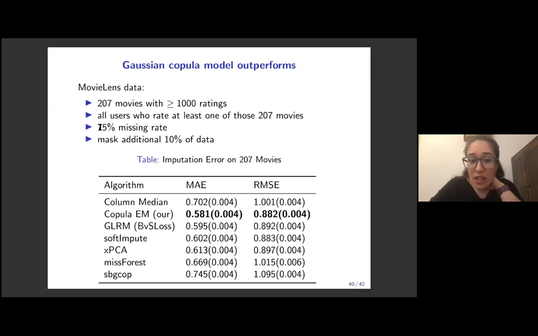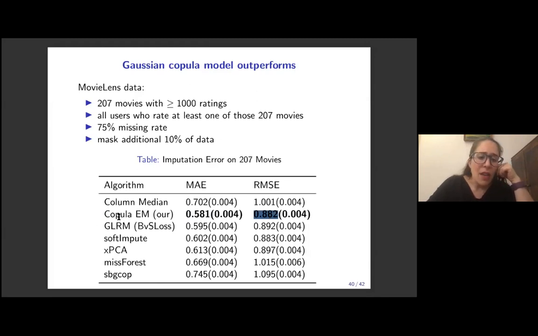75% of the data was missing, and we masked an additional 10% of the data to see how well our imputation method worked. We compared to a bunch of other imputation methods, and our new proposed copula EM model is able to perform imputations with much lower error than all of the other models, both in mean absolute error and in root mean squared error.